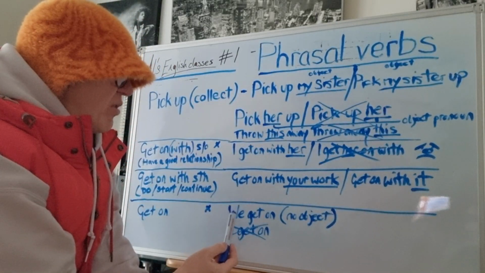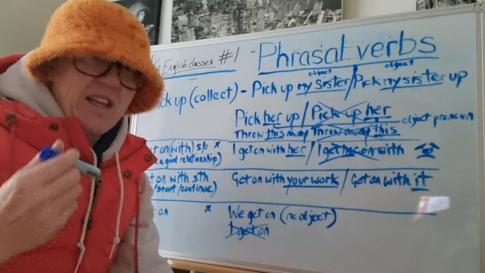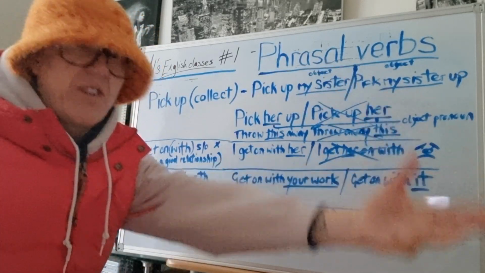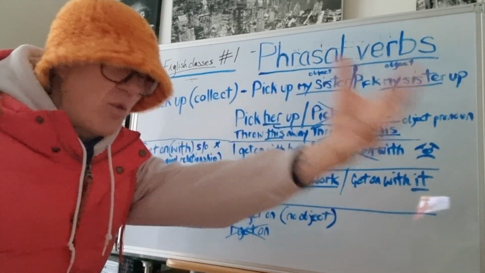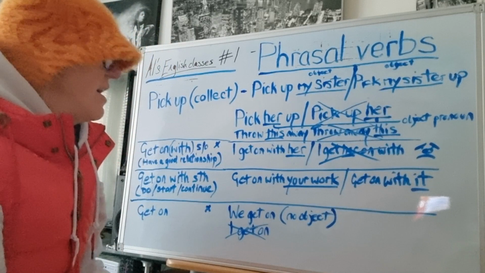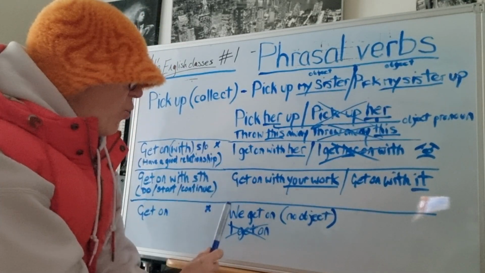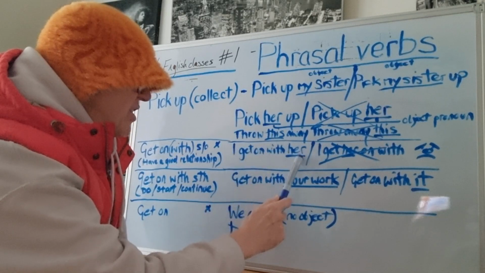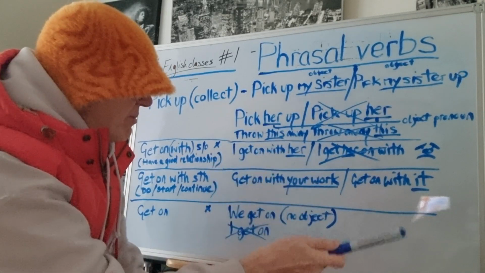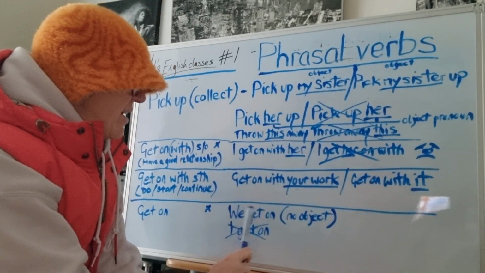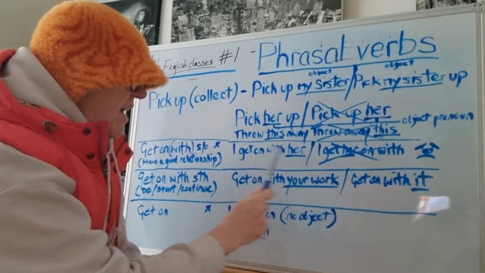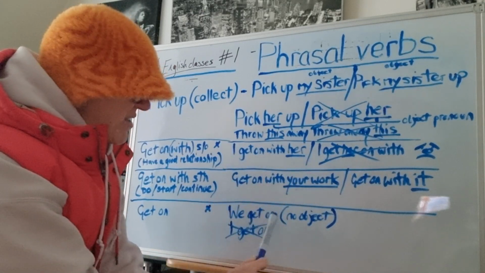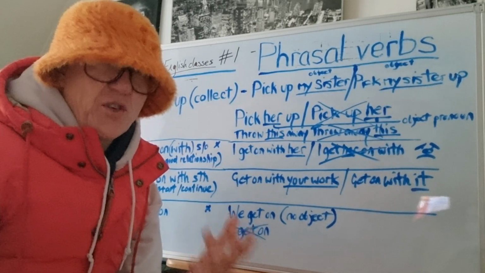So it would be plural if it's two people getting on with other people, or three people getting on with other people or another person. But when it's relating to just two people, I and her, or I and him, then we get on. It could be I and them. We get on. As long as everybody knows who you're talking about.